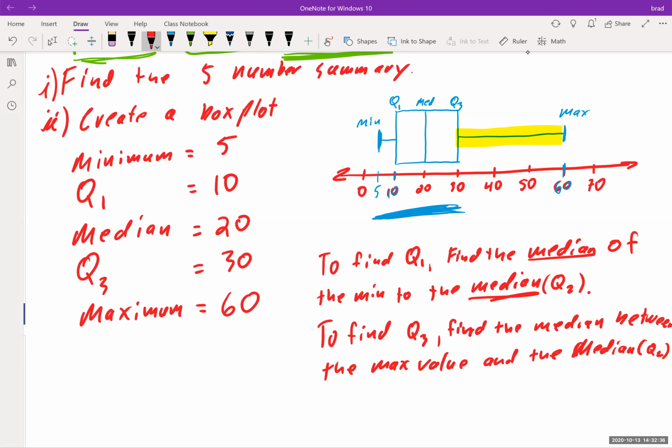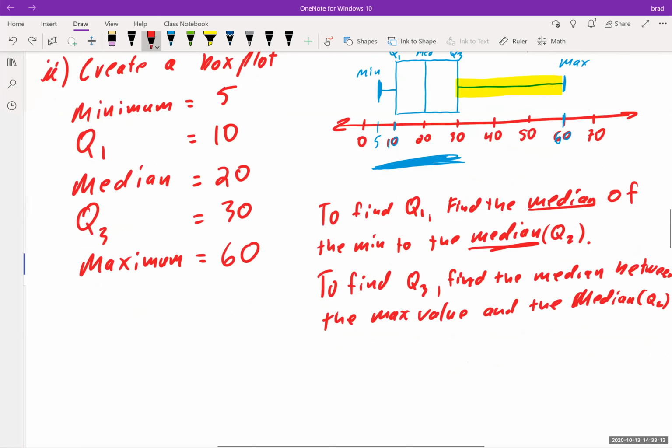So basically you find the median, and then you find the median again, and then again. Between the min and the median, this guy right here is the median. Between the median and the maximum, this guy is the median. So we're just trying to find a bunch of medians of different locations, and that's how we build our 5-number summary.